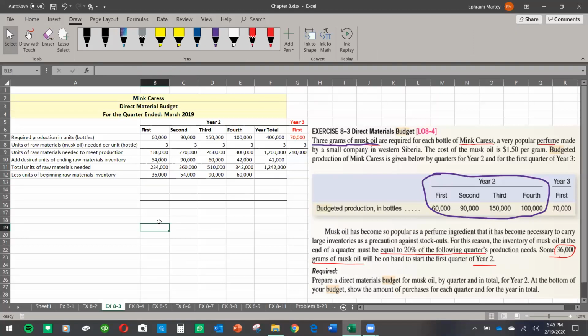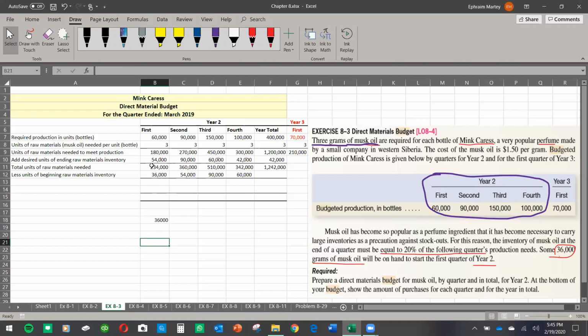But if you were not given and you have to find it, that will be 20%. The 20% we have been given here, multiplied by 180,000. That gives you the 36,000. So they were right when they gave us that number.